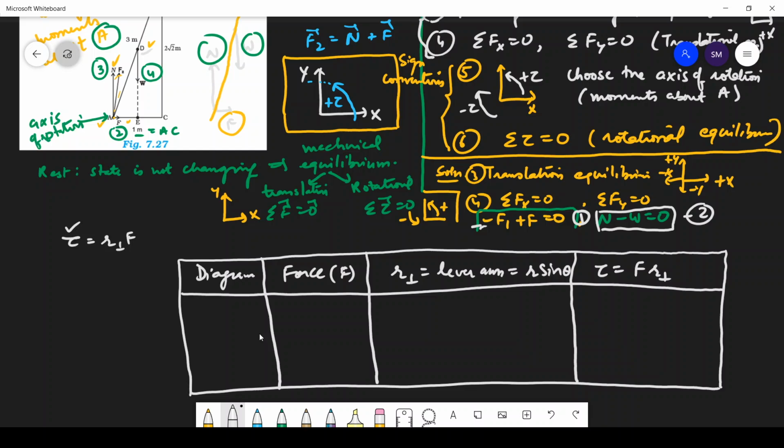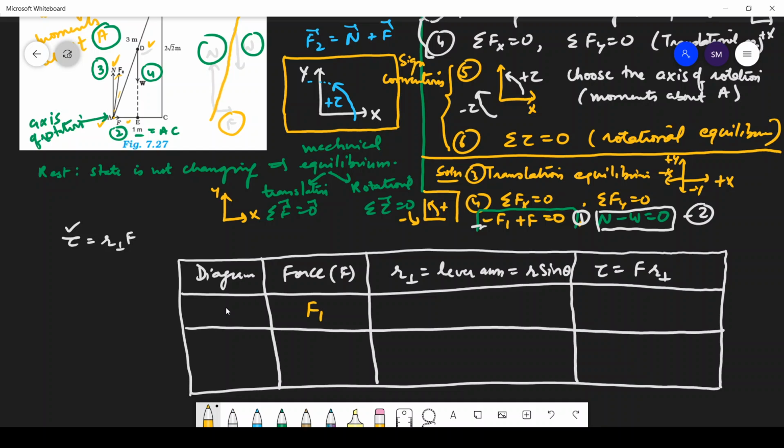The diagram will tell you whether the tau is positive or negative. So for all the forces you can draw this. Let us start with the first force that we have here, that is F1. So let us write it for F1.